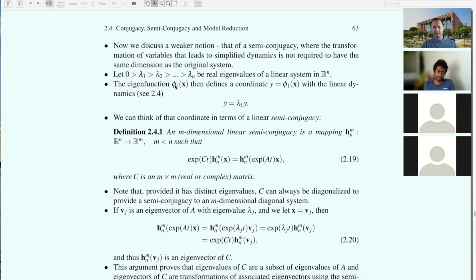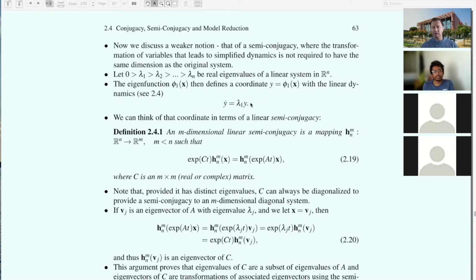And then let's take eigenfunction phi_1 associated with eigenvalue lambda_1 and define a new, quote unquote, coordinate: y is equal to phi_1 of x. That's a coordinate on the state space. And the linear dynamics is obviously phi_1 dot is lambda_1 phi_1, or in terms of y, y dot is lambda_1 y.